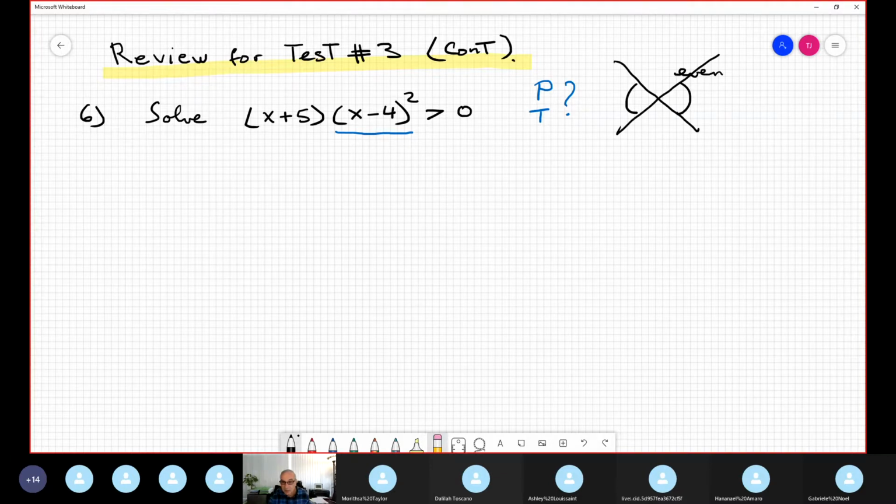And the challenge is partial delete or totally delete. That determines if the inequality contains an equal sign or not. In this case, it does not contain an equal sign.